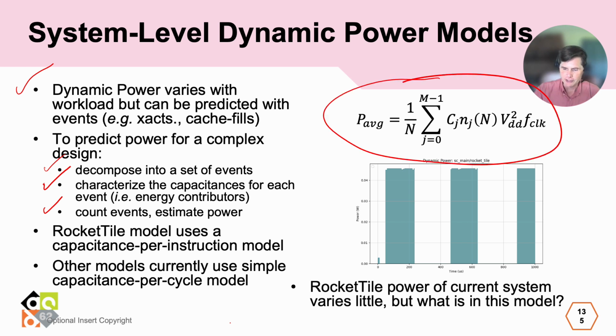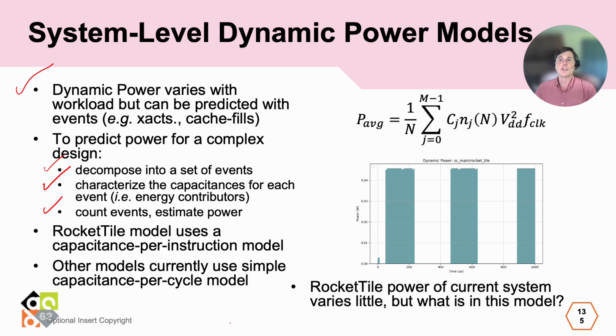using this equation here. So to do this for our CPU, we actually used the Rocket Tile processor from UC Berkeley, which is a register transfer level synthesizable model of a complete CPU core with a simple 5-stage pipeline. And we created a capacitance per instruction model for that processor.